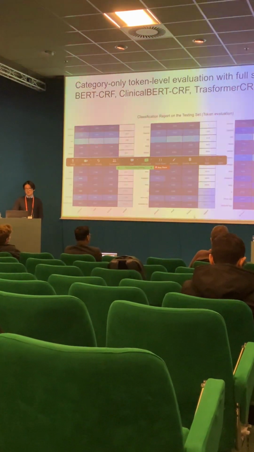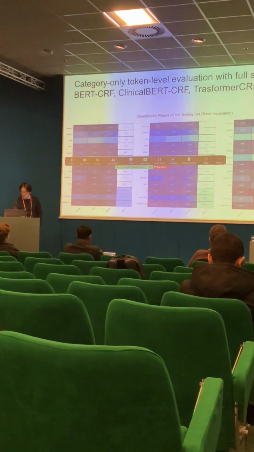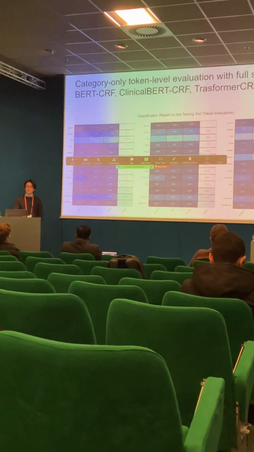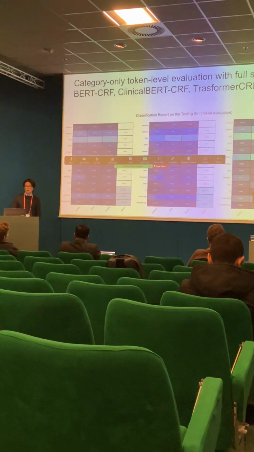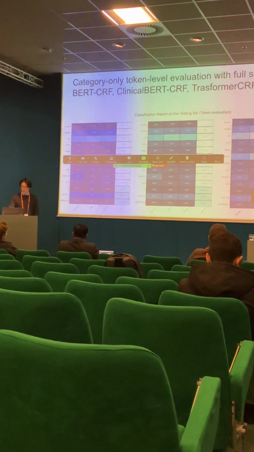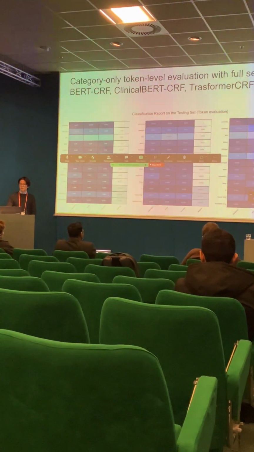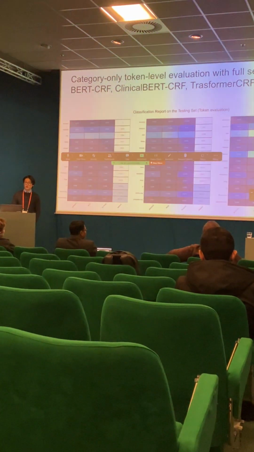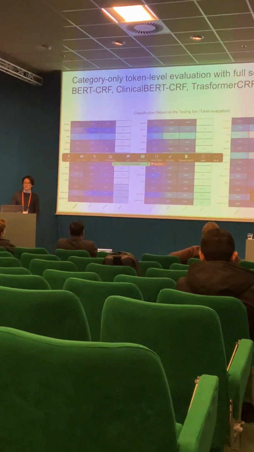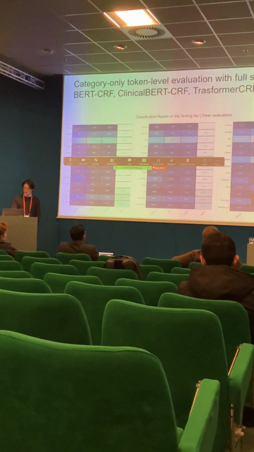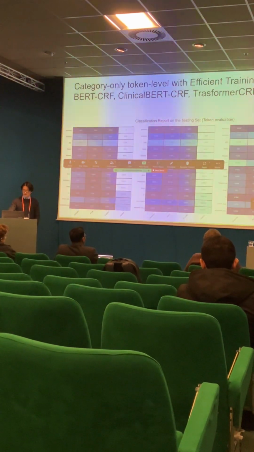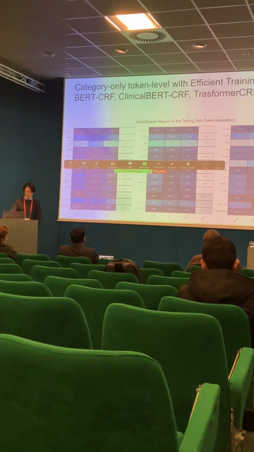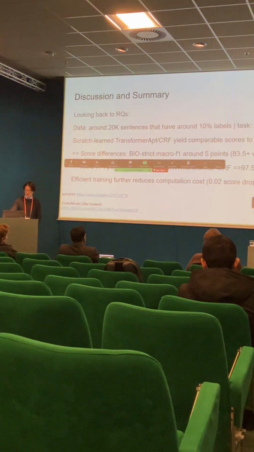That means both the scratch learned model and the pre-trained language model perform very comparably with very high scores. And pay attention, this scratch learned model only used 303 training letters, which is not that large. This is another token level evaluation with CRF layer.